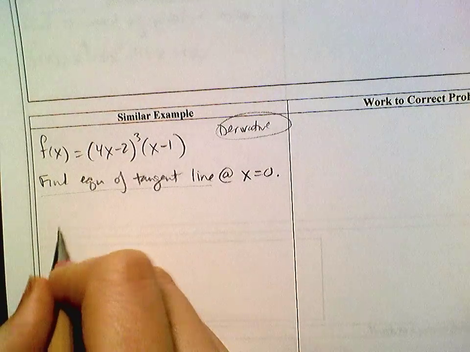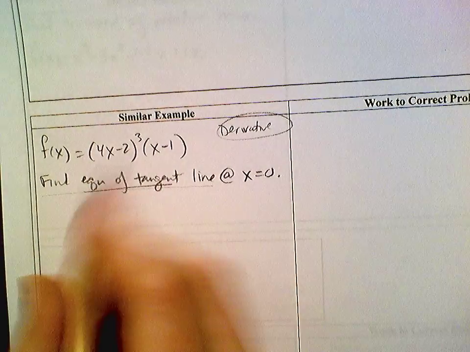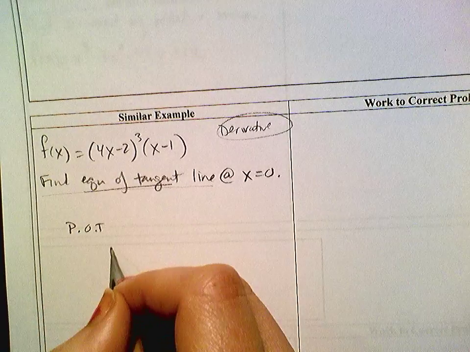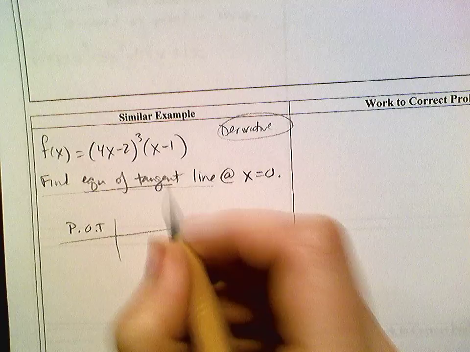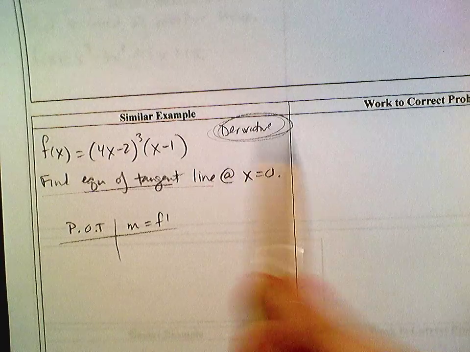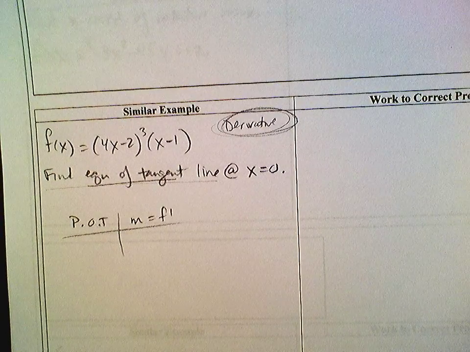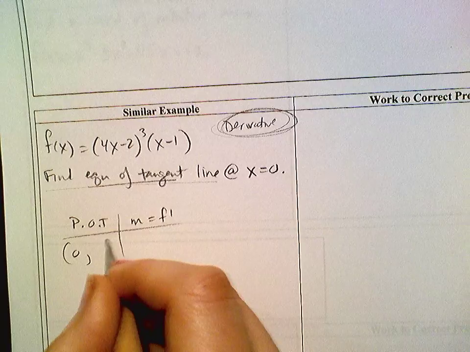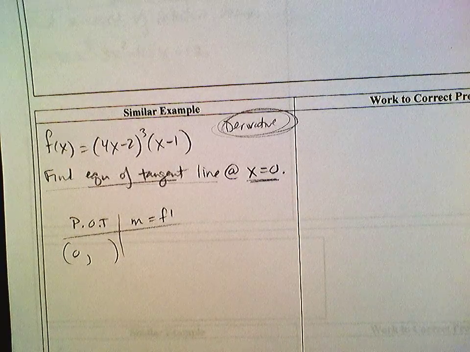So for the equation of a tangent line, we need the point of tangency, and we need the slope, which in this case is f prime. So that's where the derivative comes into play. For the point of tangency, the x-coordinate is 0.